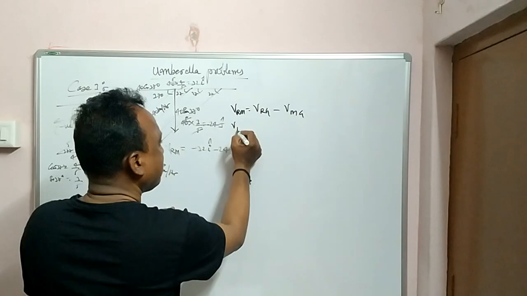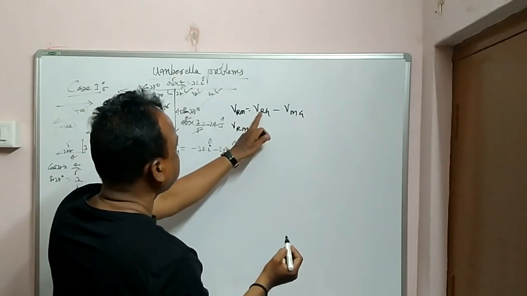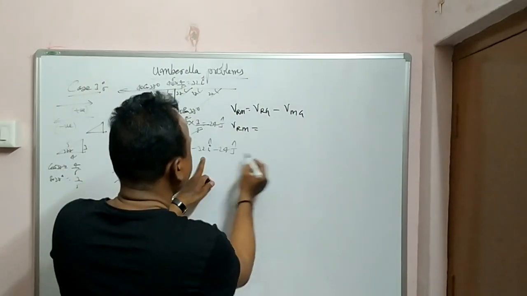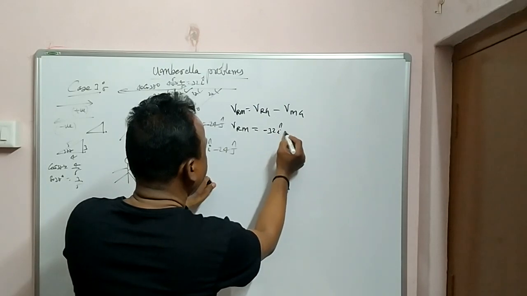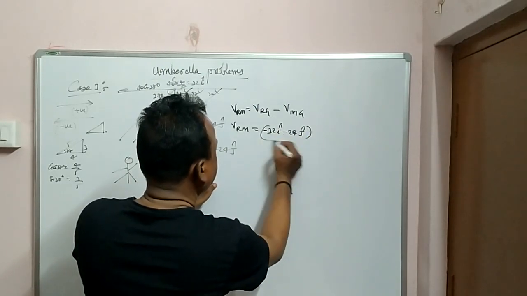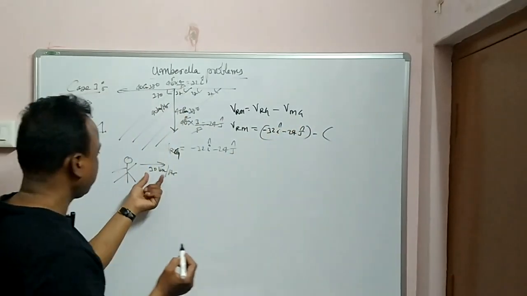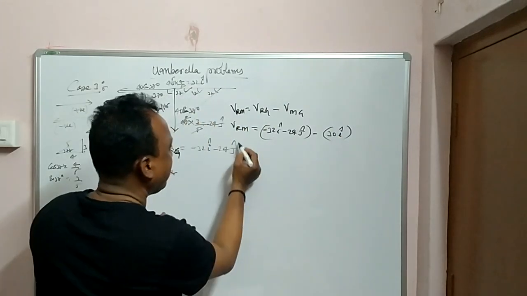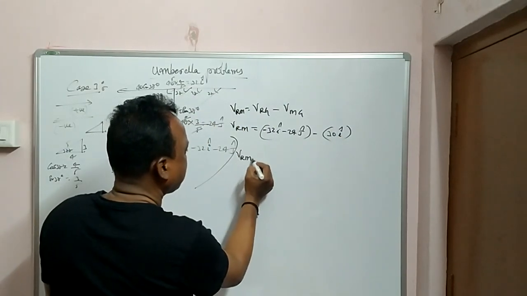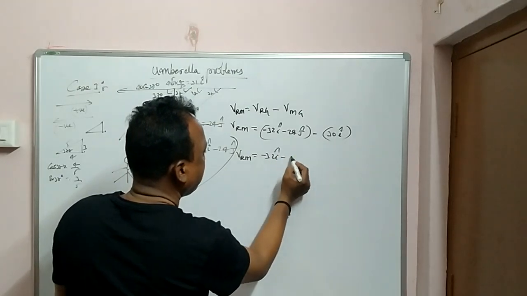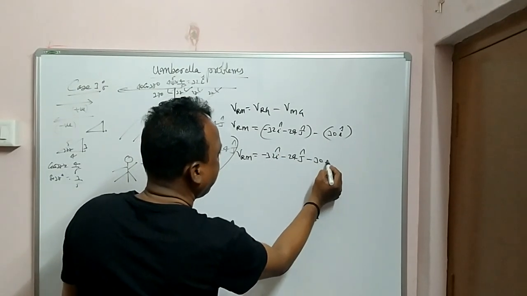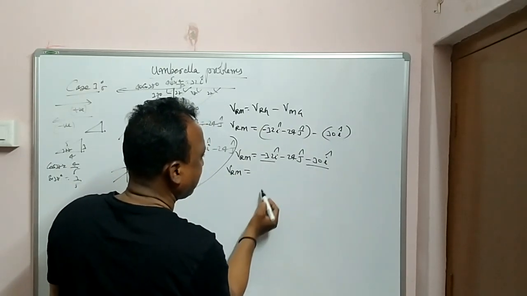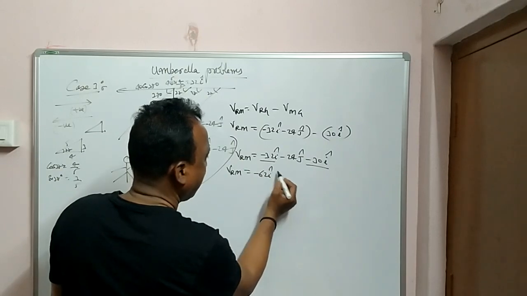Velocity of rain is minus 32 i cap minus 24 j cap, minus the velocity of the man going in the positive direction, that is 30 i cap. So finally, the velocity of the rain with respect to man is minus 32 i cap minus 24 j cap minus 30 i cap, which is minus 62 i cap minus 24 j cap.